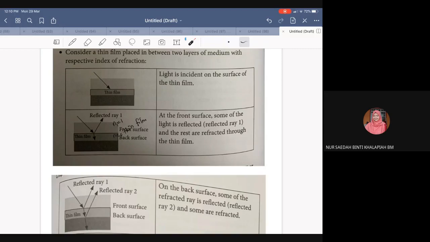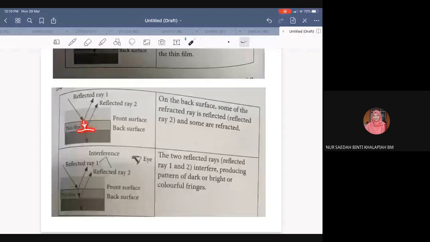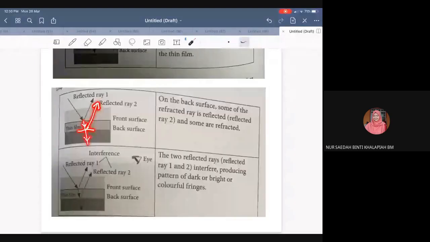Okay, so next daripada light yang sebahagian tu yang masuk ke dalam thin film. Okay, so bila dia pergi at the bottom part of the thin film, so sama juga, some of this light will be reflected, some refracted through the third surface.